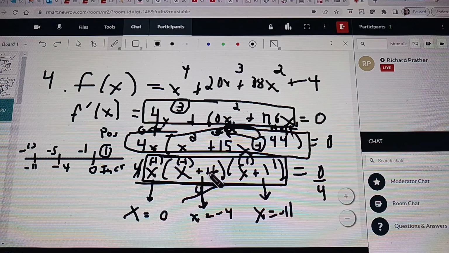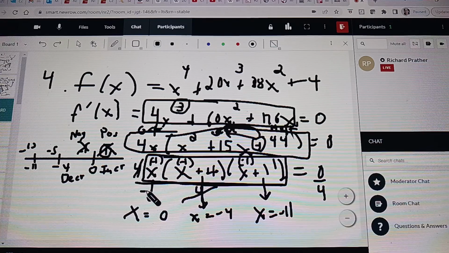This would be -1 plus 4, which is positive 3. And -1 plus 11 is positive 10. Positive times positive is positive, but positive times negative, the whole thing's negative. So there's a portion of the graph that's decreasing. Everything between -4 and 0 is decreasing.